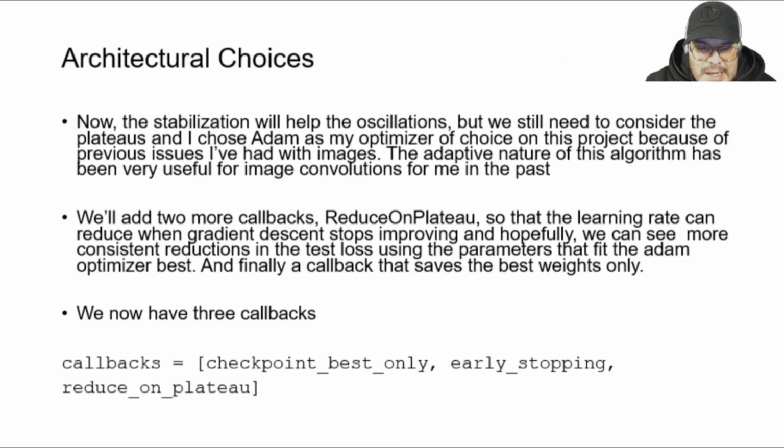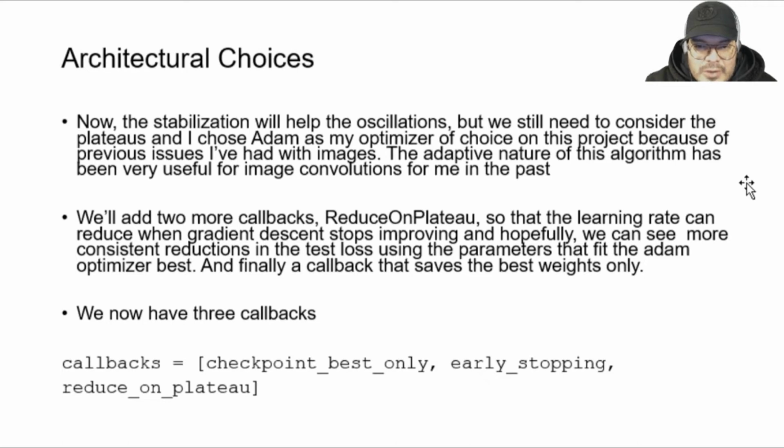And the stabilization will help with the oscillations, but we still need to consider plateaus. And I chose Adam as my optimizer because I've had previous issues with images, and the adaptive nature of Adam is very helpful with this type of networks. So we'll go ahead and add 2 more callbacks.